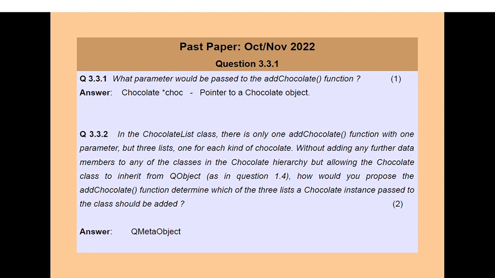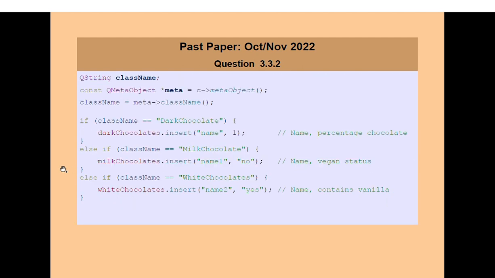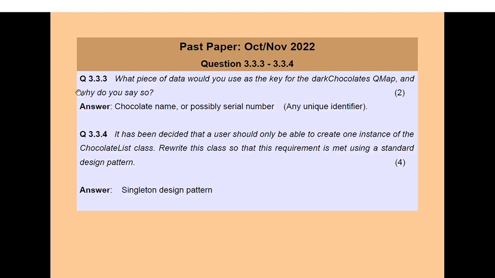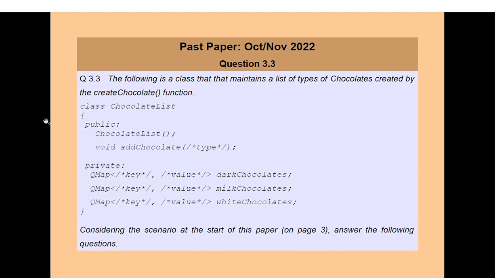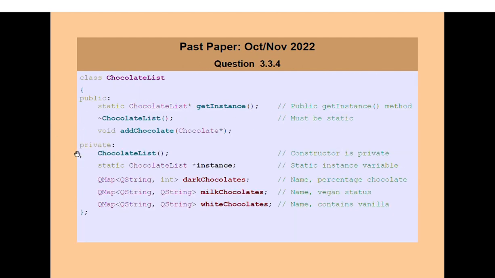So, remember you were given some basic code for the chocolate list previously. Okay, rewriting chocolate list as a Singleton. I'm sorry about this jumping, but there's nothing I can do about it.